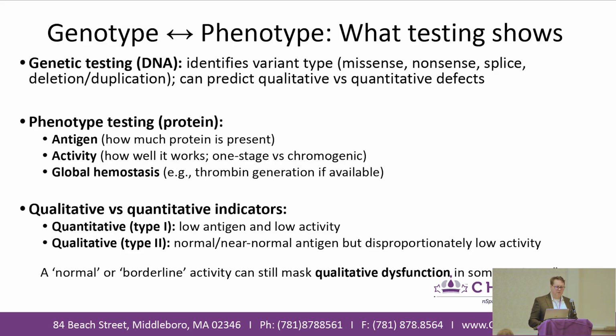The phenotype is what the lab pattern suggests, and that's either a qualitative problem where you make enough protein but it doesn't work well, so the quality of it is not good. Or you have a quantitative problem where you don't make enough of the protein, the quantity is not good, or both. And then how does that fit clinically?